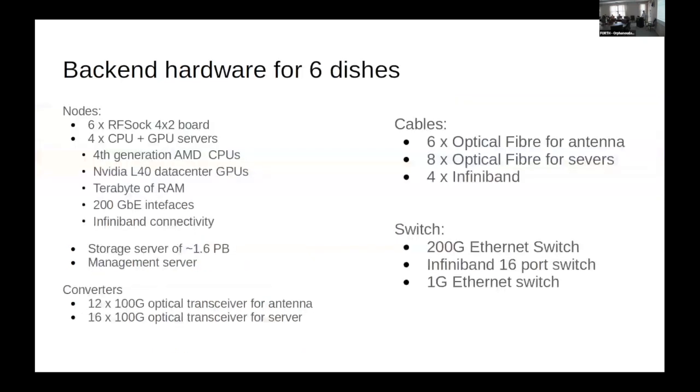So in the grant, we have all this hardware in the backend. We have 4 GPU and CPU servers with 4th generation AMD CPUs and NVIDIA L40 data center GPUs, and we have 1 terabyte of RAM and 200 Gigabit Ethernet interfaces. And for the storage server, we have about 1.6 terabytes of data storage capacity, and we have a management server for the system to monitor and control the whole backend.